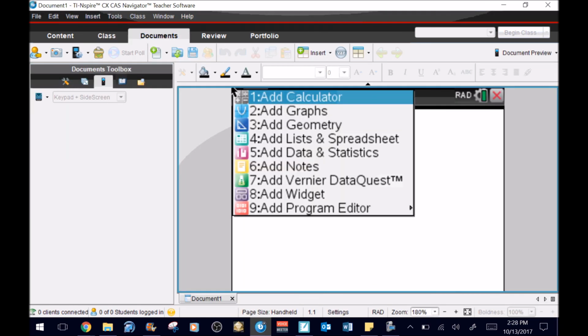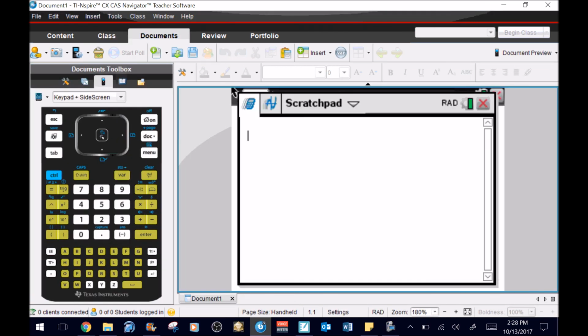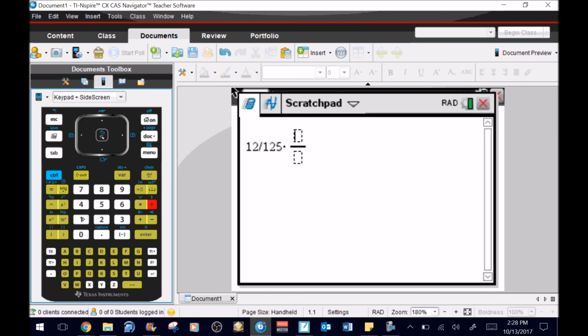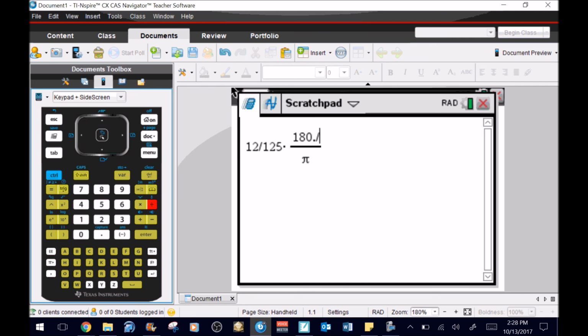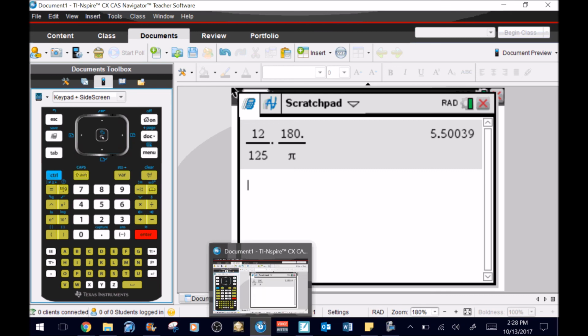And then the formula for converting to degrees is multiplying by 180 on top over pi. And I'm going to throw a decimal point so it gives me a nice decimal answer. And I get about 5.5 degrees per second, which doesn't seem like a very big degree measure, but in just a few seconds, that's going to open itself up pretty wide. All right, so that would be our answer.